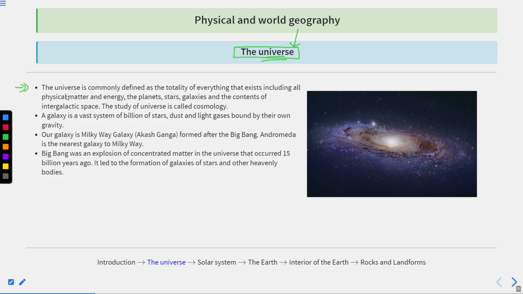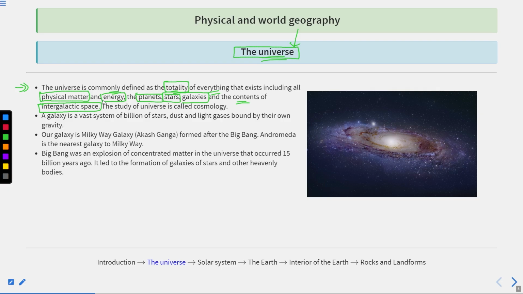The universe is commonly defined as the totality of everything that exists, including all physical matter, energy, planets, stars, galaxies, and also the contents of intergalactic space. So the universe is the broader sense. It is the totality. Whatever we could assume, whatever we could think, everything is a part of the universe.